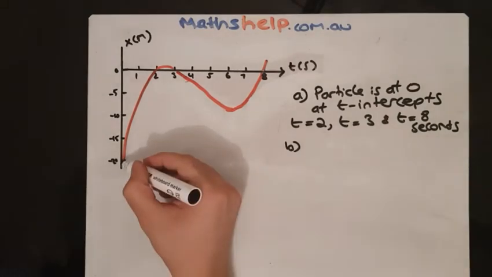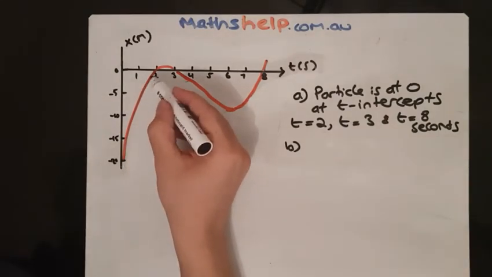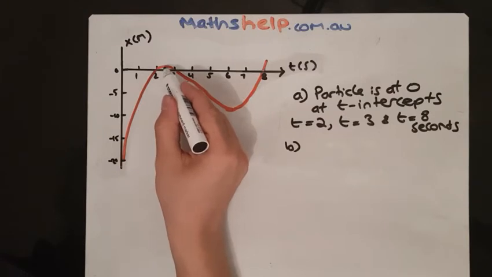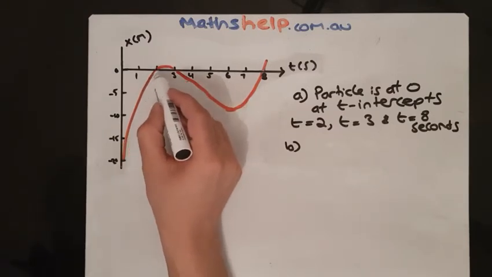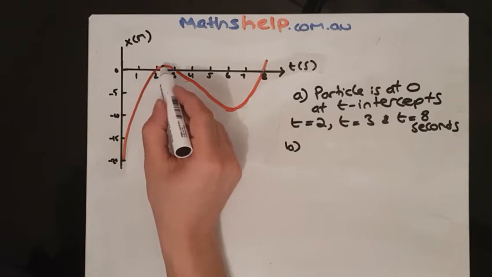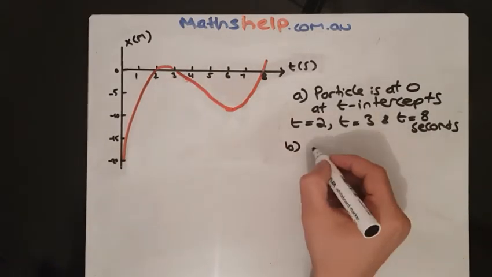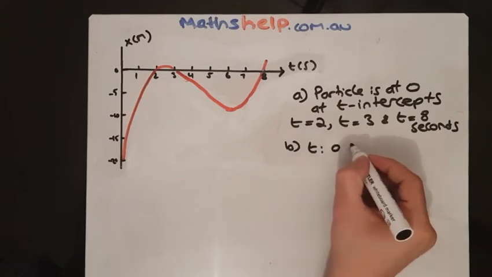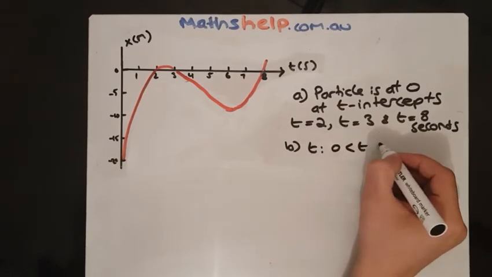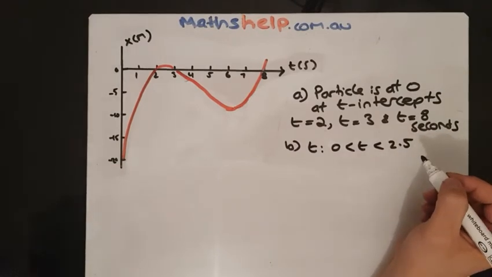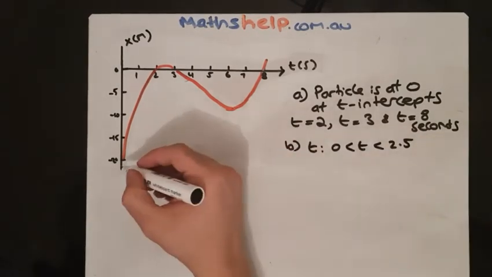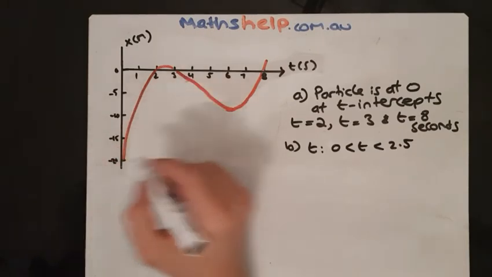We start from 0 and go all the way past 2, and then halfway from 2 to 3, that's when the graph stops being positive and becomes 0. So our first interval is from 0 to 2.5, where it's positive.